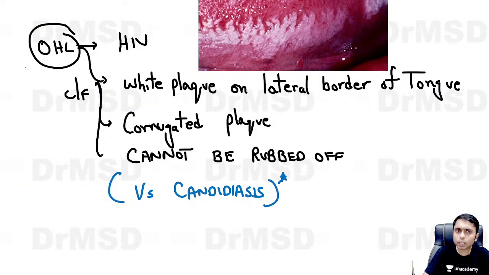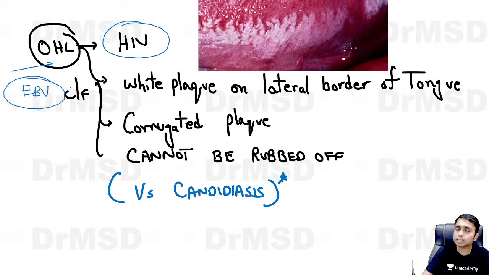And coming to other options, oral hairy leukoplakia, even this is also seen commonly in HIV individuals, and in oral hairy leukoplakia, the causative virus is Epstein-Barr virus. Please remember it. The clinical features will be very different when compared to candidiasis. So here the white plaque will most commonly be seen on the lateral border of the tongue, and if you observe the margins, they are going to be corrugated.